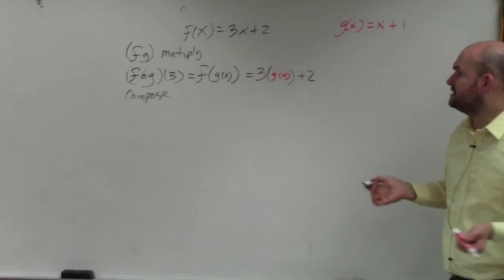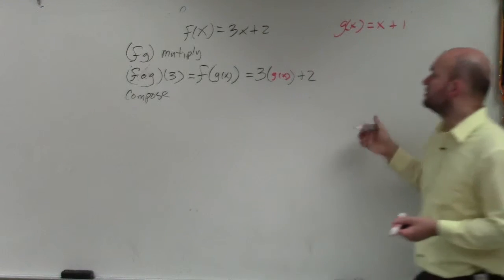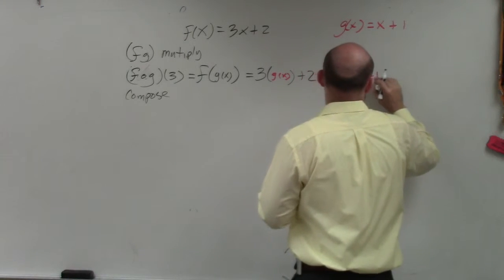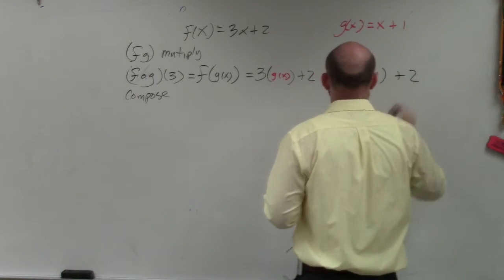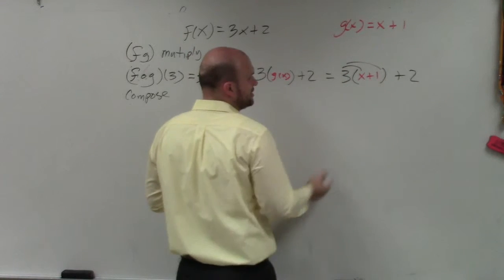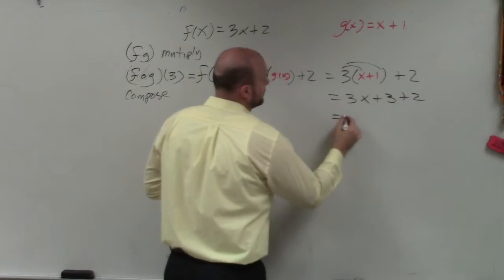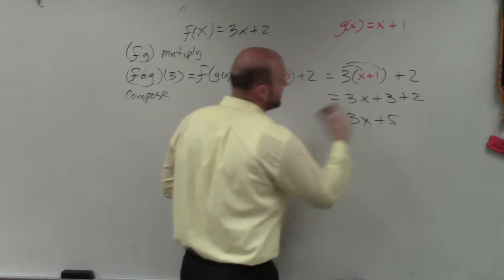Well, what is g of x equal to? G of x is equal to x plus 1. So it's really going to be 3 times x plus 1, plus 2. Now, apply the distributive property: 3x plus 3 plus 2, 3x plus 5.